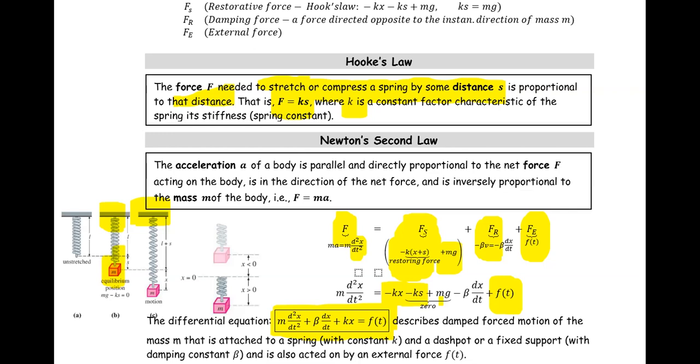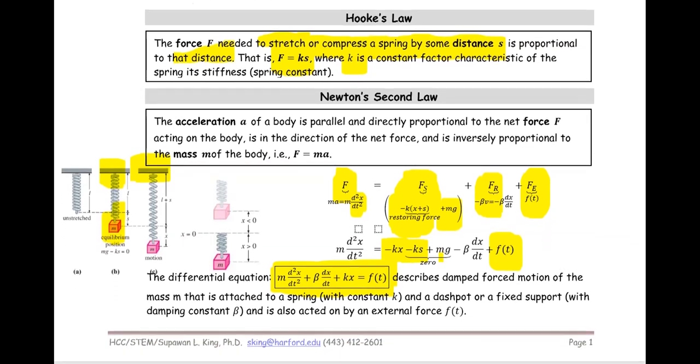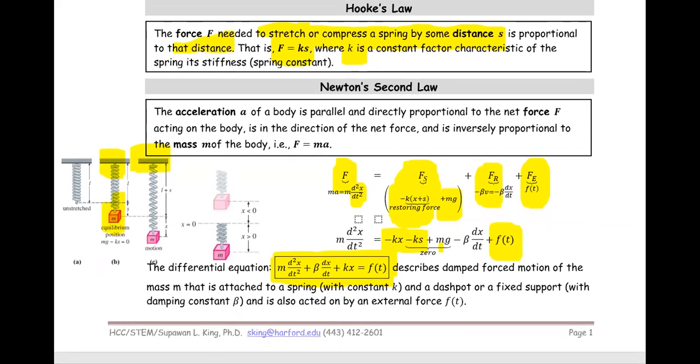In the case where we have the damping force affecting the spring, beta is not zero, so we have the middle term involving the velocity, dx/dt. But the k will always be there because this is a problem involving the spring, so the spring constant will be part of the problem. Either we have the f term, which is the external force, or no f term.